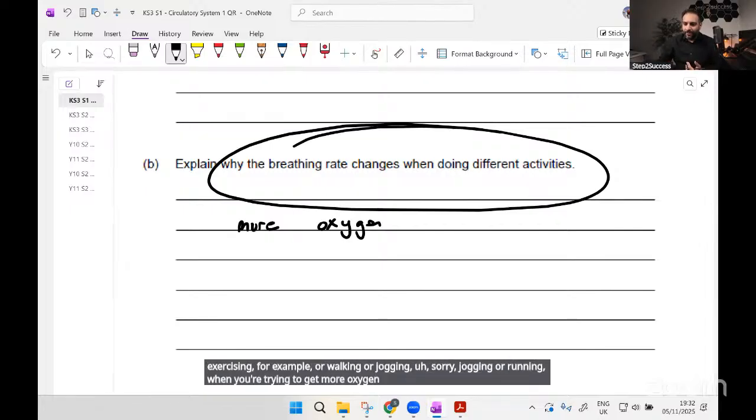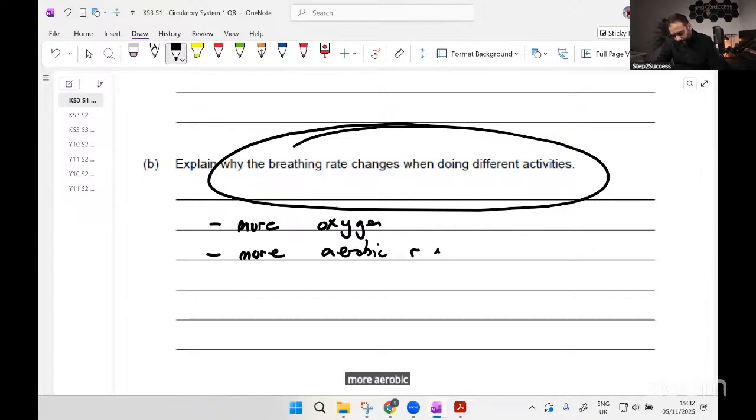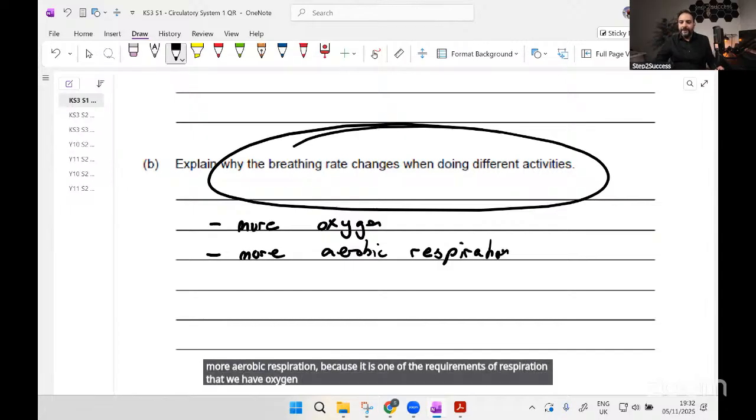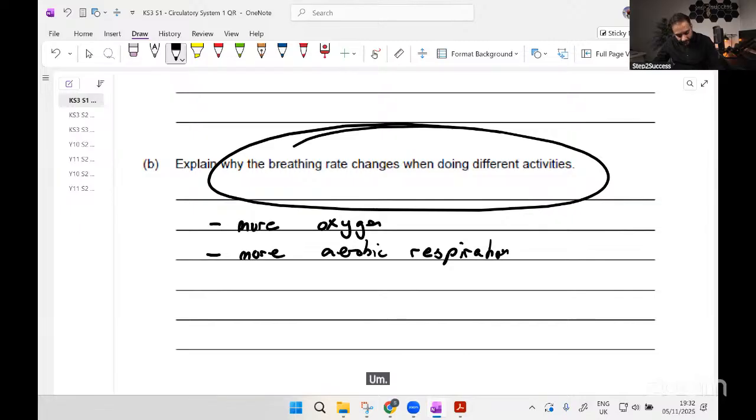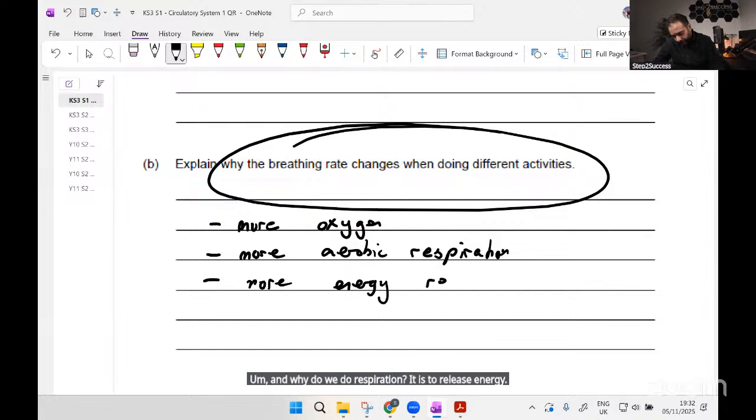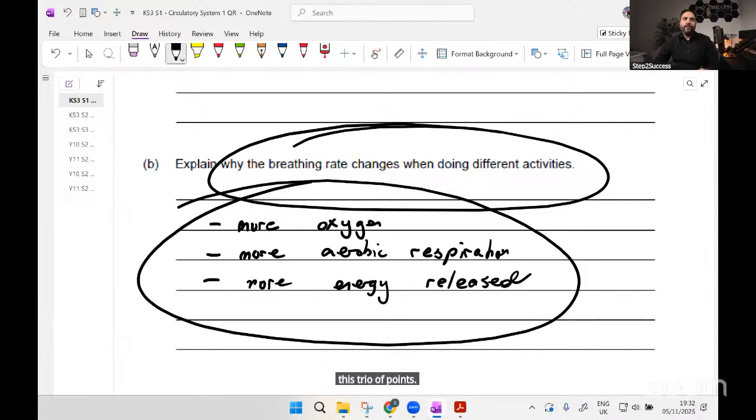Why are you trying to get more oxygen into your body? So that you can do more aerobic respiration, because oxygen is one of the requirements of aerobic respiration. And why do we do respiration? It is to release energy. This trio of points is very common in a lot of questions, okay?